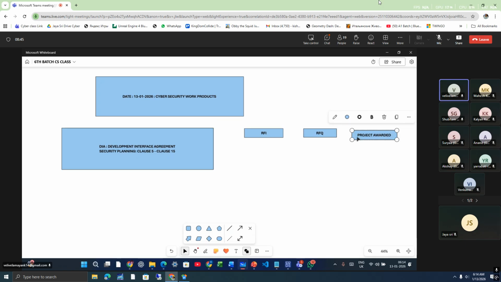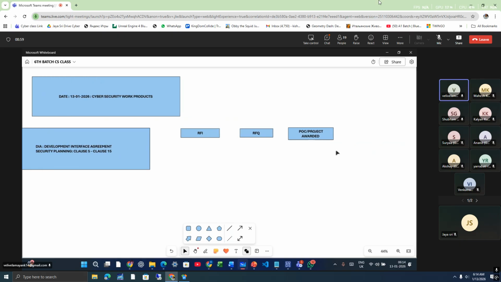Sometimes project awarded or POC, both are there. Sometimes based on your confidence you will start the POC also, or it is awarded. If it is awarded, it is fine. Otherwise, you will get the billing from the generic budget.